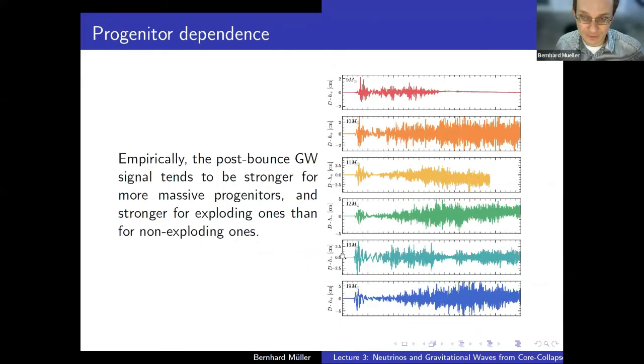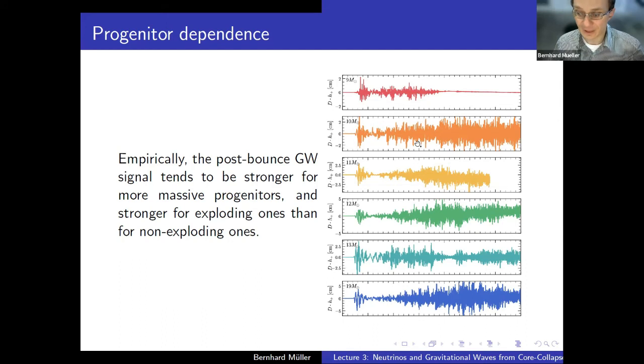So to show you a bit the phenomenology of the strength of gravitational wave emission that results, we already discussed yesterday that more massive progenitors tend to have longer accretion in the explosion phase. They tend to explode more energetically. That's reflected in the gravitational wave emission, which is sensitive to the amount of mass in the gain region and the convective velocities.